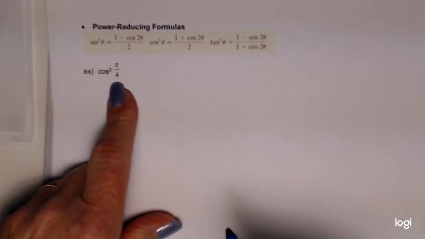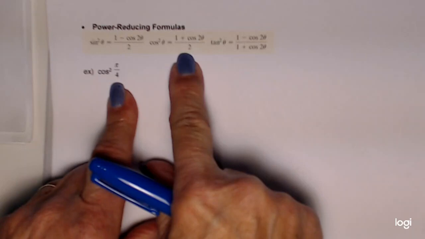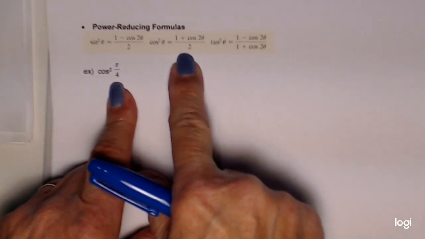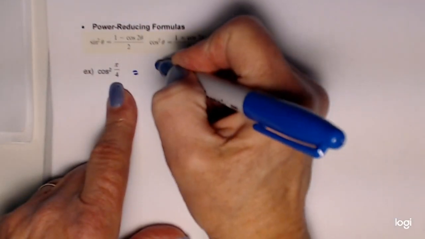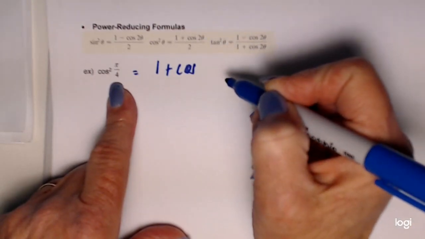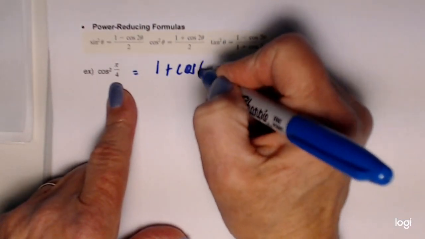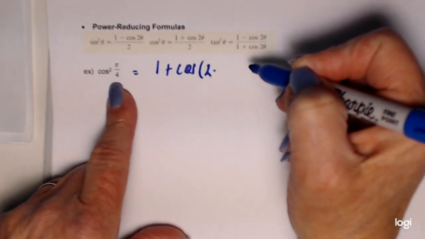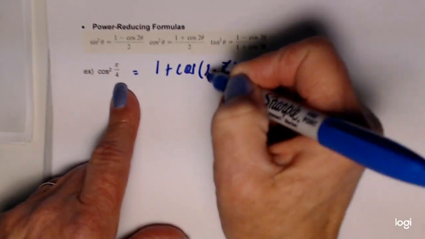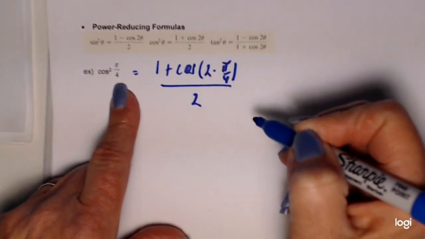In this first example, we have the cosine squared of pi over 4. Using the formula, it would be the one that says the cosine squared of some angle is equal to 1 plus the cosine of double that angle, all over 2. So in this case, we have the cosine of 2 times pi over 4, and all of this is over 2.